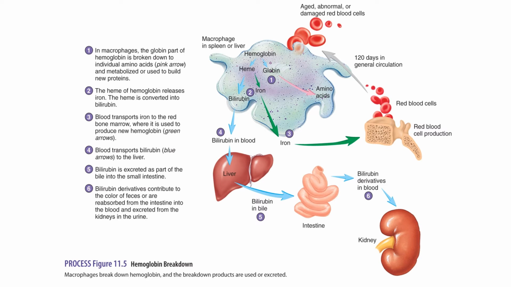And then the heme can also become bilirubin, and then bilirubin to your liver, to your intestine, and of course it's also being used in your kidneys. Okay, so just study how this hemoglobin breakdown happens.